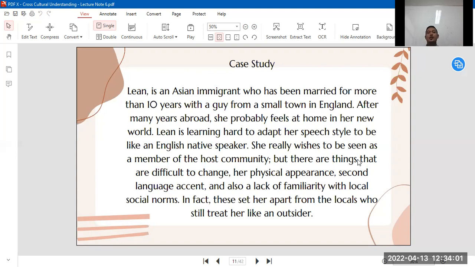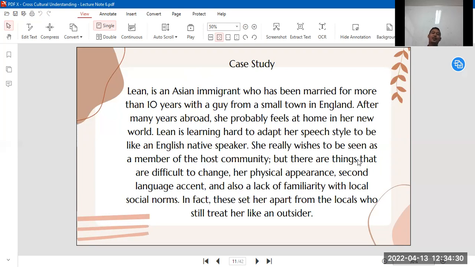She really wishes to be seen as a member of the host community, but there are things that are difficult to change: her physical appearance, second language accent, and also a lack of familiarity with the local social norms. In fact, they set her apart from the locals who still treat her like an outsider.